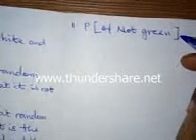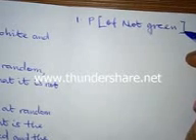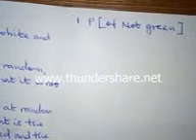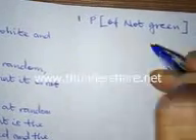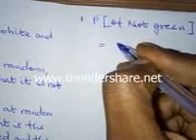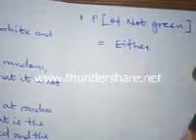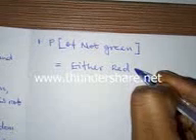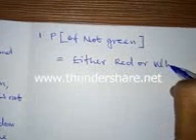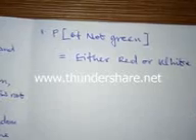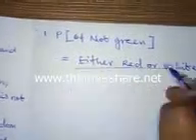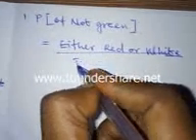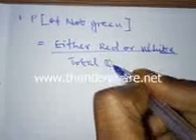So if it is not green, it means the one that is selected is either red or white. So it's going to be equal to either red or white, divided by the total outcome.